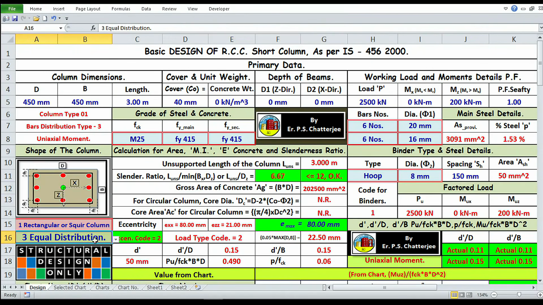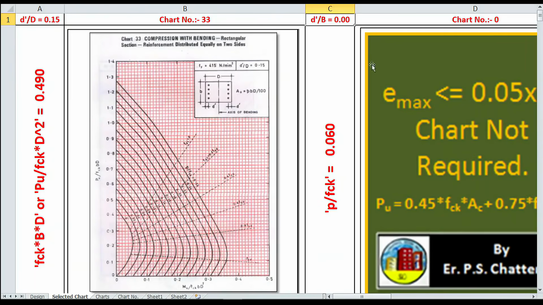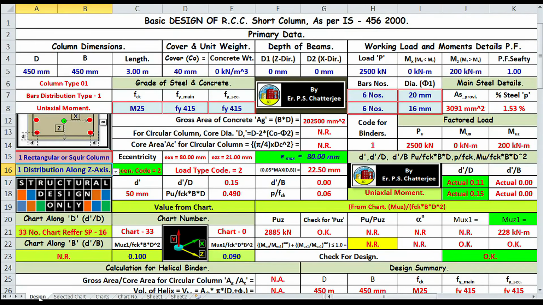Now distribution 0.08. So we have to put here 0.08 and here no value. Look here, this moment capacity is less than the actual moment. So we have to change the reinforcement a little bit.